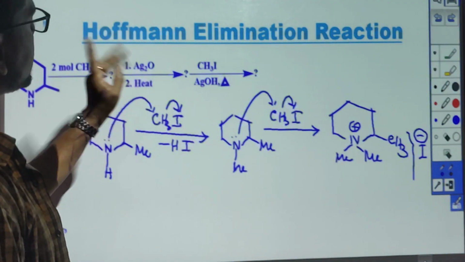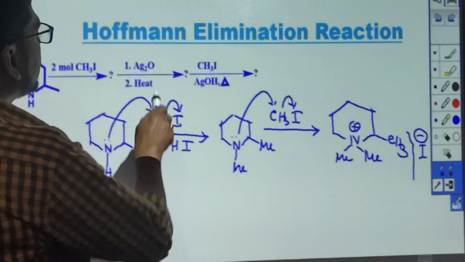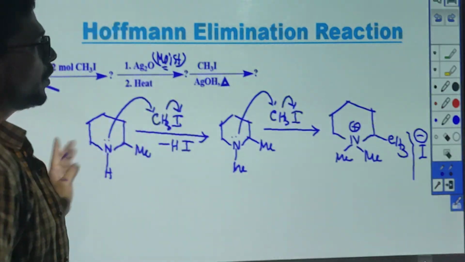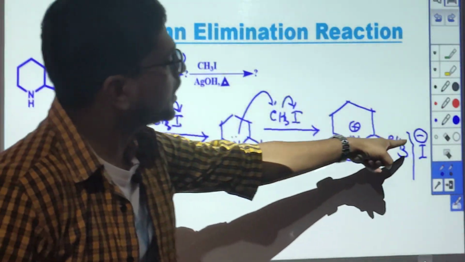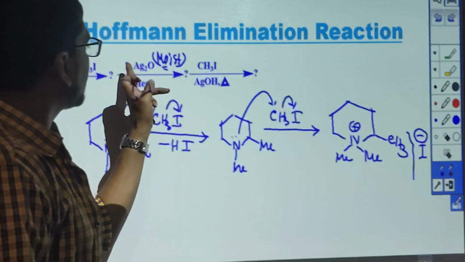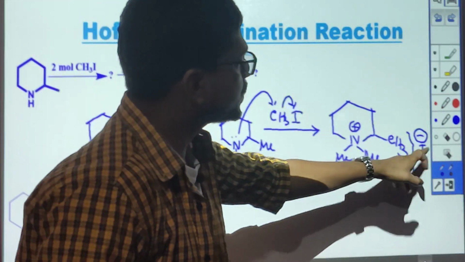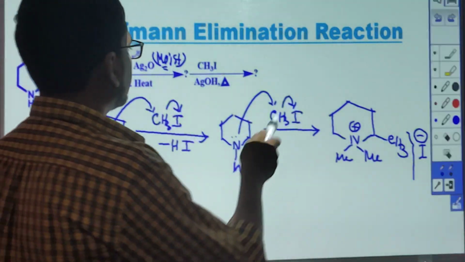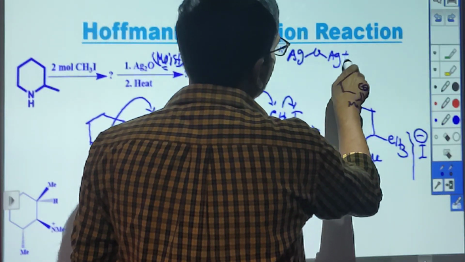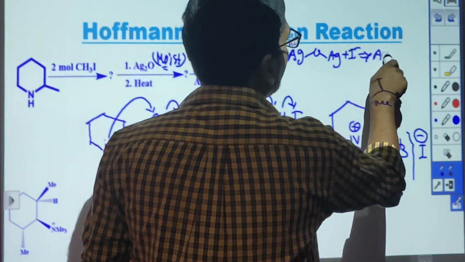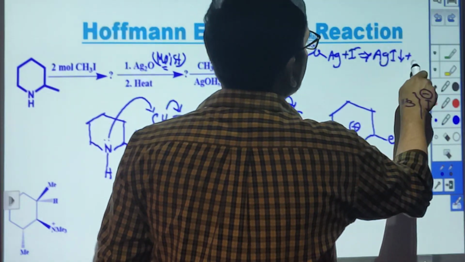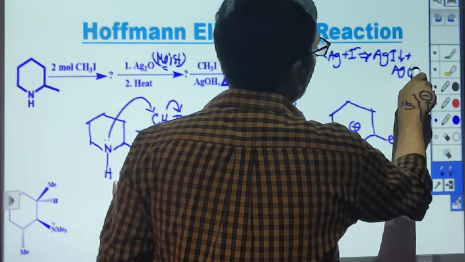Now in the second step, Ag2O is given. This will be basically moist Ag2O. So what will happen? This I minus gets replaced by OH minus. Ag2O basically reacts with I minus to form a precipitate of AgI plus AgO minus.